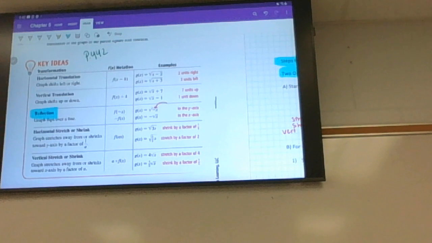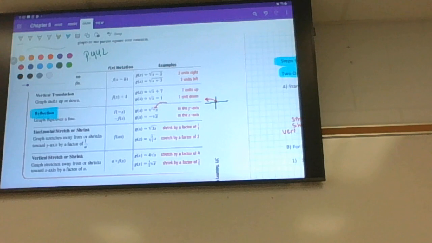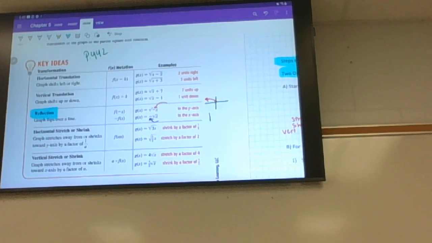That's the case I just talked about, where it's going to point to the left. If the negative sign is out in front of the radical, that's what's going to make it flip down.